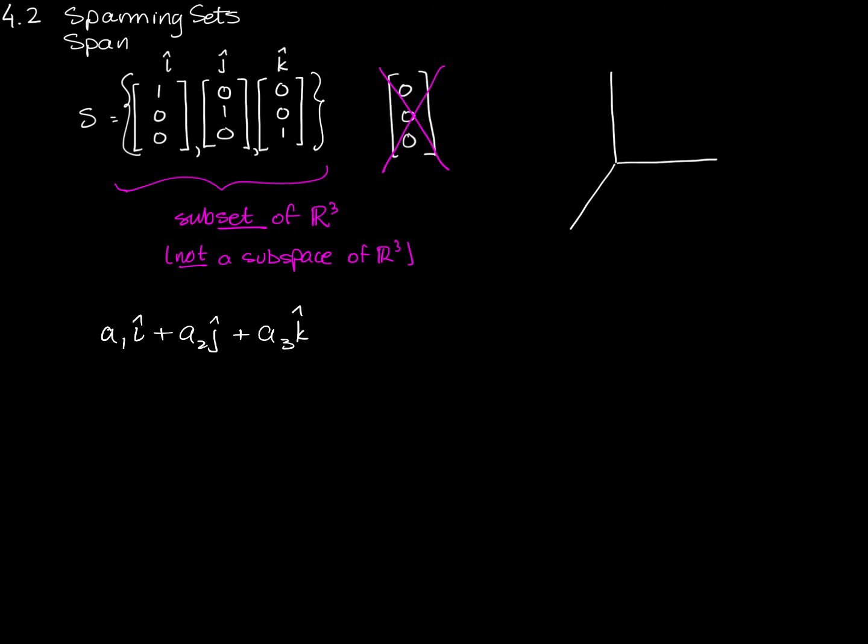One of the many, many, many linear combinations of i, j, and k is 0i plus 0j plus 0k, and that's the 0 vector. So although the three vectors themselves are not a subspace, the span of a set of vectors is a subset, a subspace.